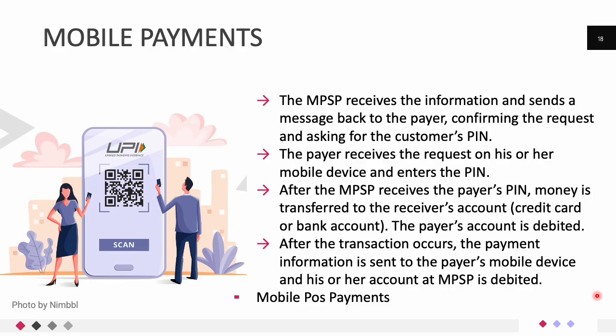And at the same time, they debit or subtract the amount from your account at the MPSP. Okay? So finally, everything is complete. Both you and the receiver get a confirmation message sent to your phones, and your account balance with the MPSP is updated to reflect the transaction.